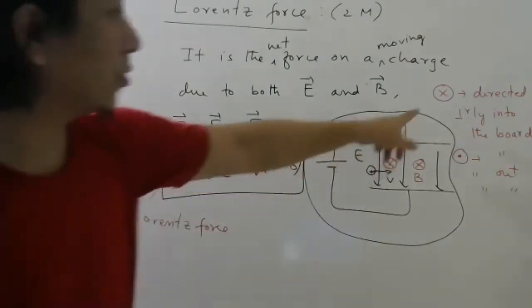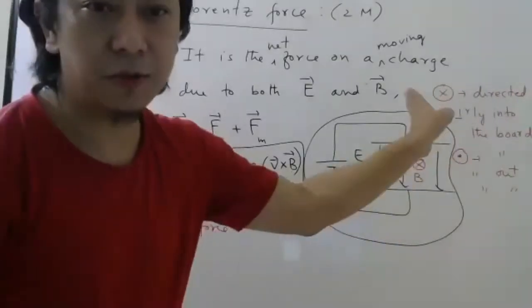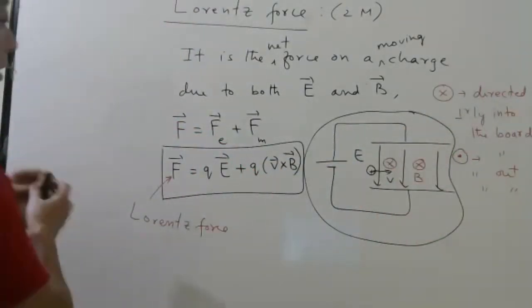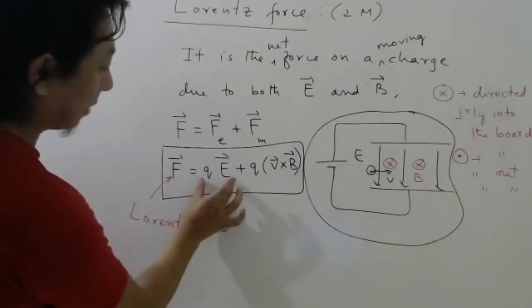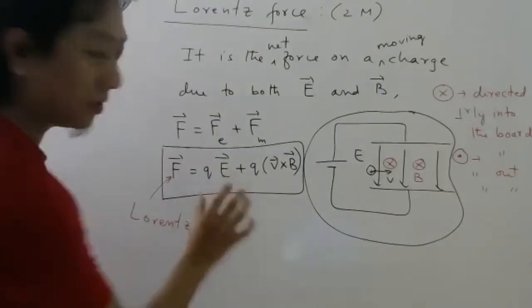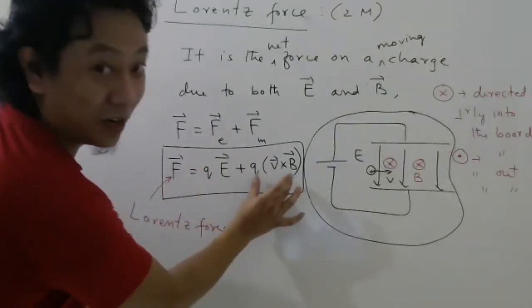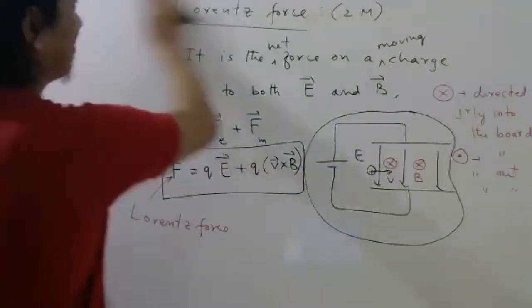So whenever I draw cross, it means a vector into the board, dot out of the board, okay. For the time being, we will not worry about this force because we have learned so much about this force.